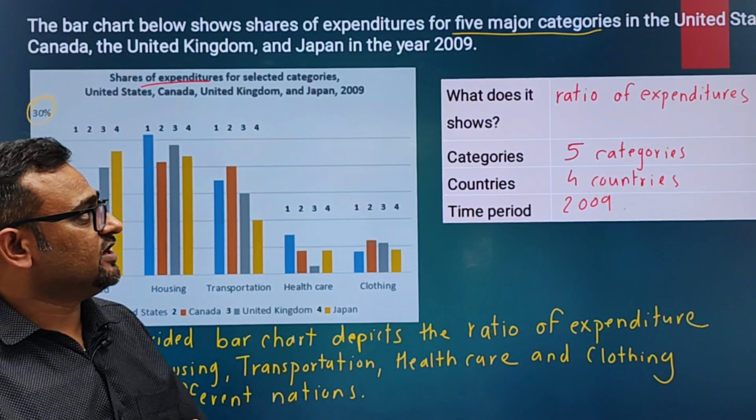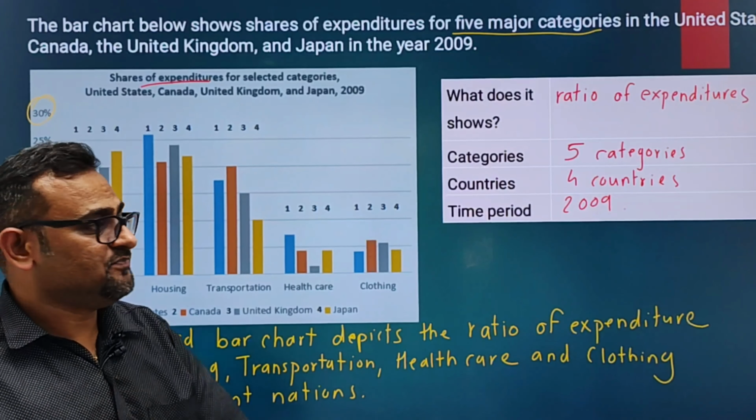You can see the United States, the United Kingdom, Japan, Canada.